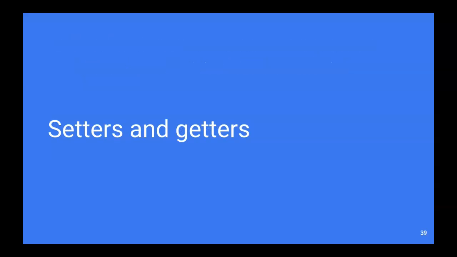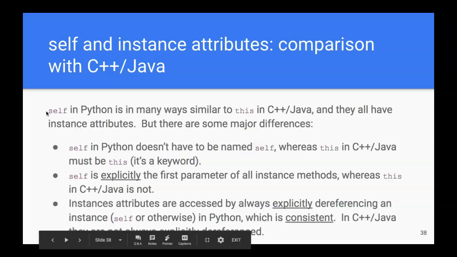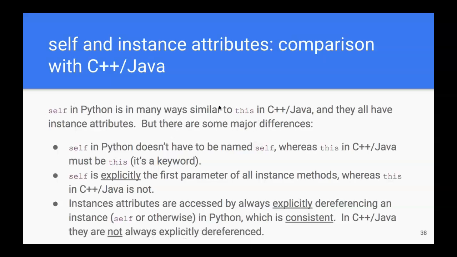One more slide, I believe, about self and the instance attributes. I want to put that into perspective, particularly for those of you who know C++ or Java. The self in Python is in many ways similar to this in C++ or Java, and all of these languages have instance attributes.